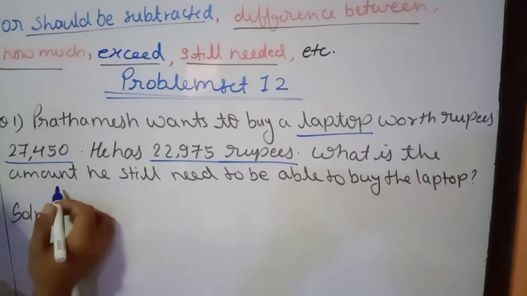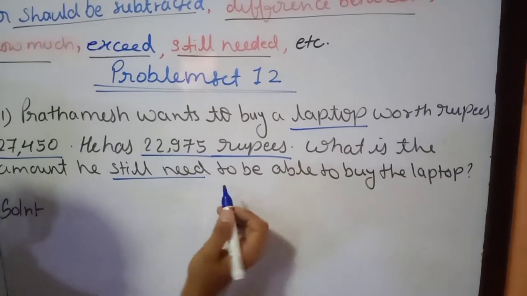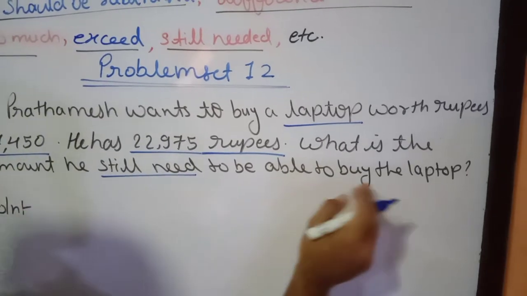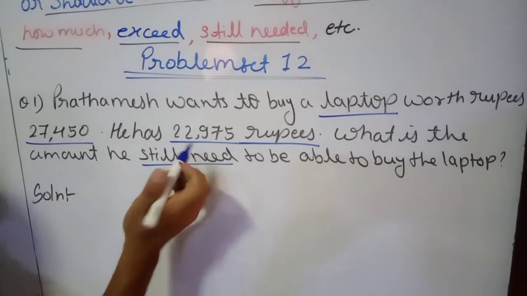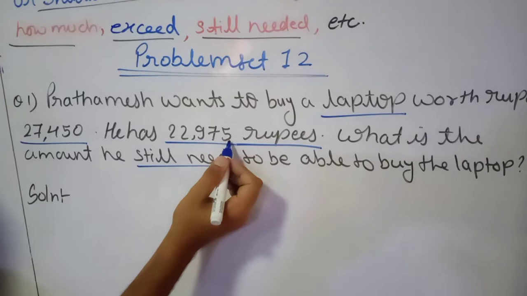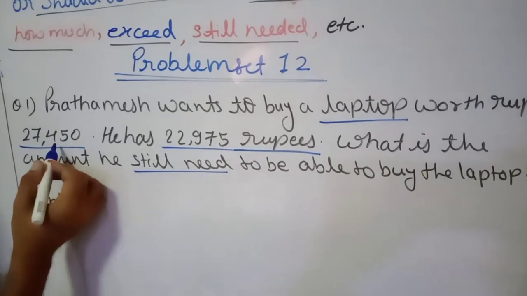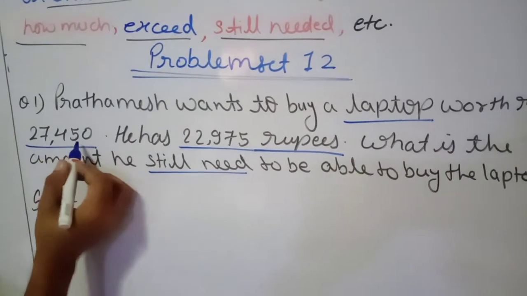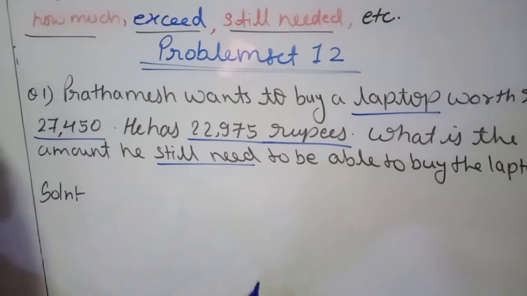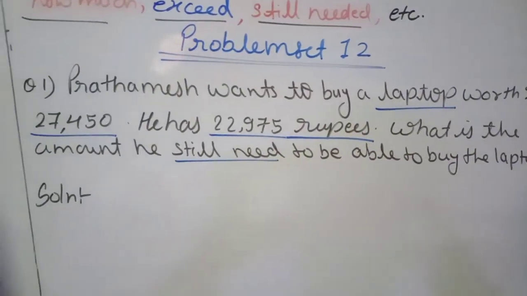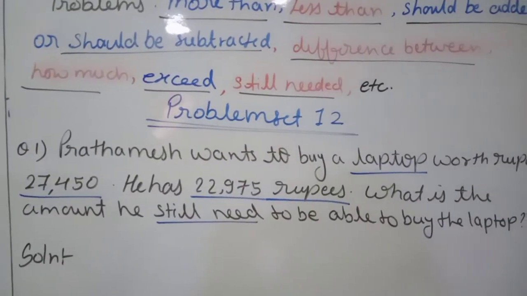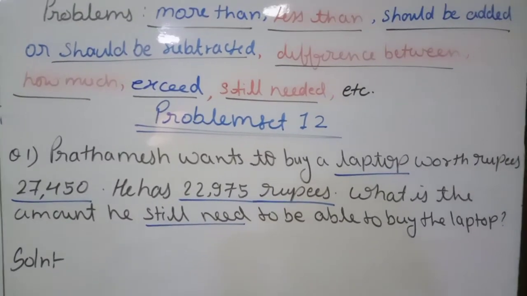What is the amount he still needs to be able to buy the laptop? He has the amount 22,975, but the cost price of the laptop is 27,450. So how much money does he still need to buy that laptop? Now it's confirmed we are going to solve the subtraction sum.